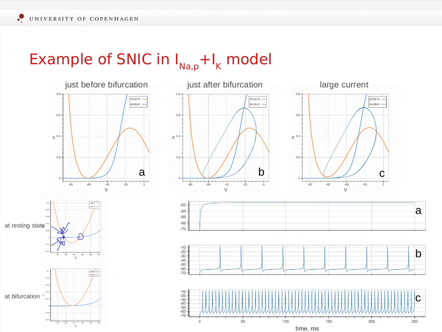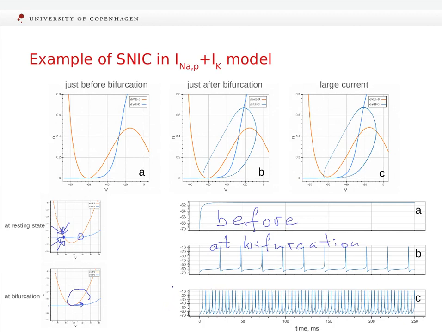And just after the bifurcation, we don't have any equilibrium points here, and all trajectories will just pass this slow small valley here. So this is just before bifurcation, this is just after or at. And this is way after bifurcation.